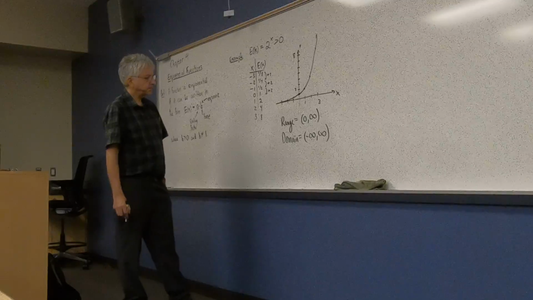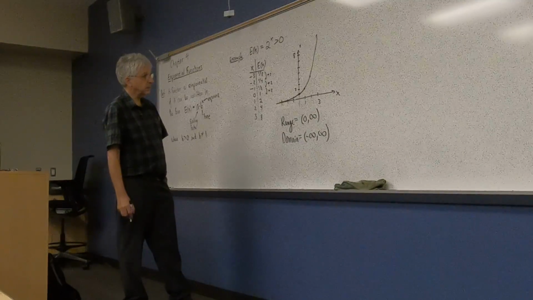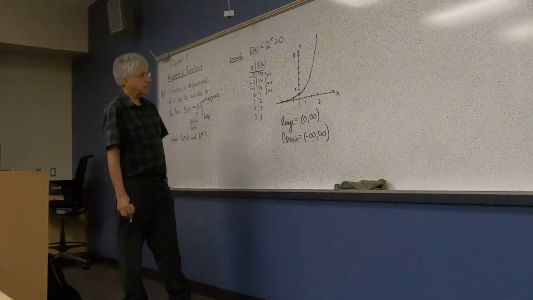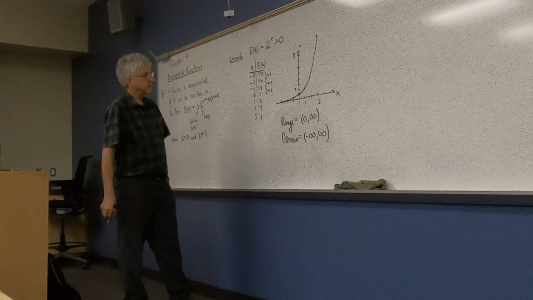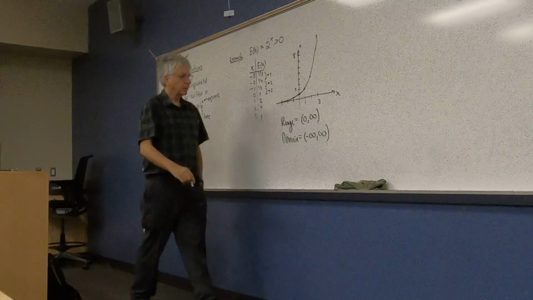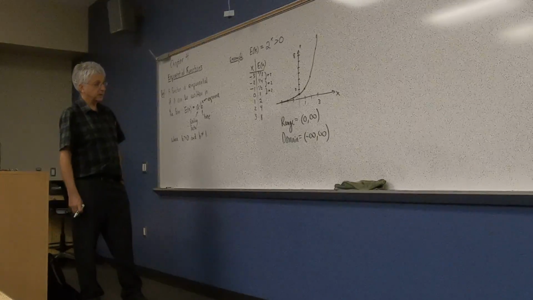How about, what else can we say about this? It's strictly increasing. As you go to the right, you're going to go up. And you go up pretty steep, right? If you start going out here, you're doubling very large numbers. Pretty soon, you got very, very, very large numbers.